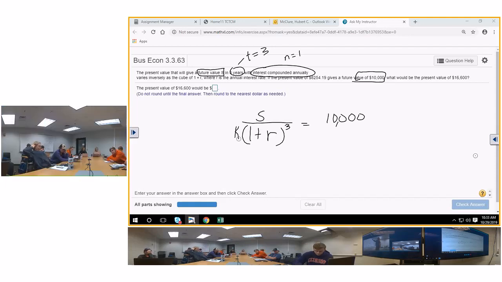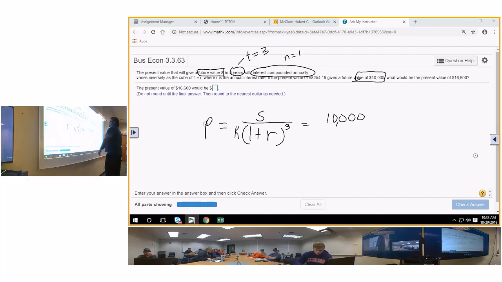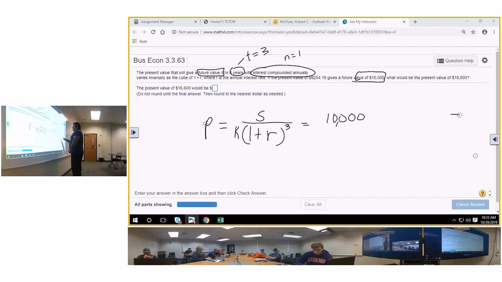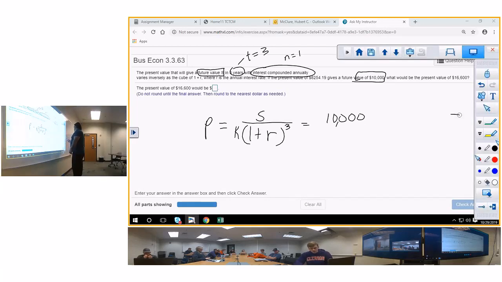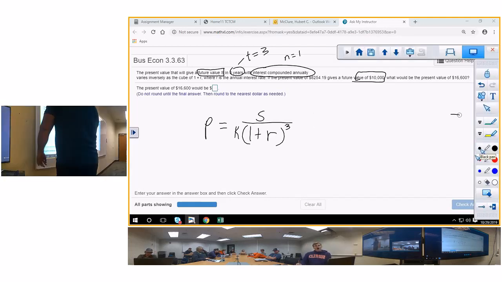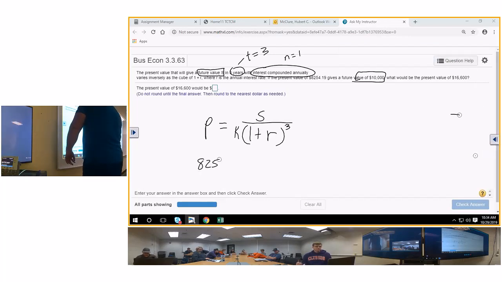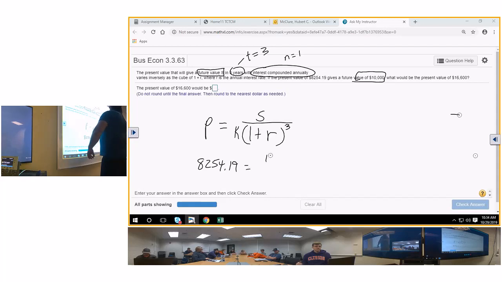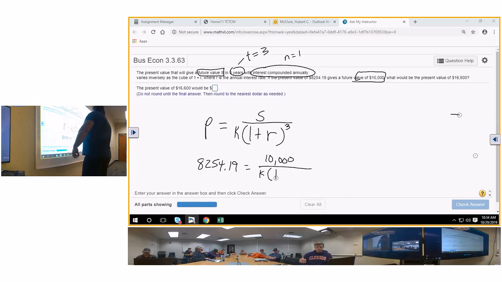So 10,000 is the future value, so I got to rewrite this. 8,254.19 is equal to 10,000 divided by K times 1 plus R raised to the 3rd power.